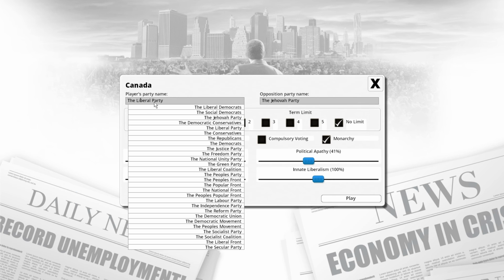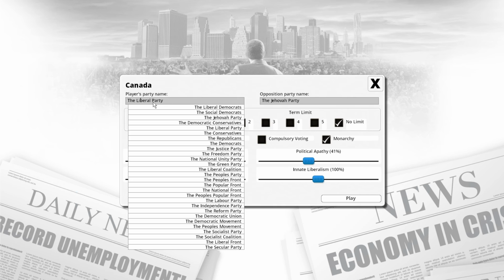Now, for Canada, there are three major political parties, and the Liberal Party is one of them, and the other two are not in here, which is kind of sad that they're not there. I mean, Canada's a pretty big country, and everyone seems to know about it. But what can I say? It's a video game.